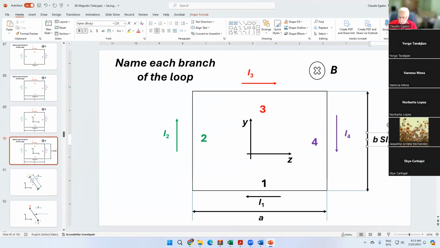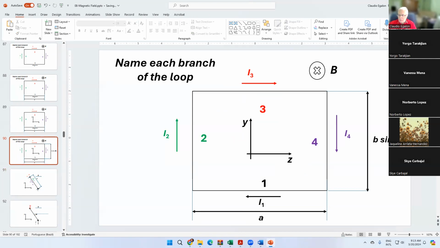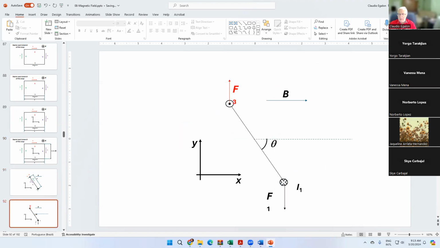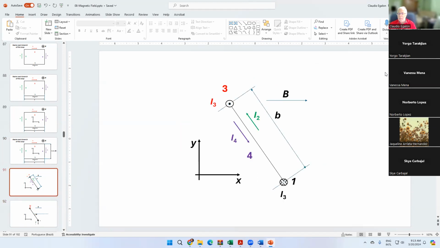If I account for the theta in that direction, then it should be sine. So the B sine is this length right in here. And let's not forget that's the B length. And I'm going to transfer this guy there.